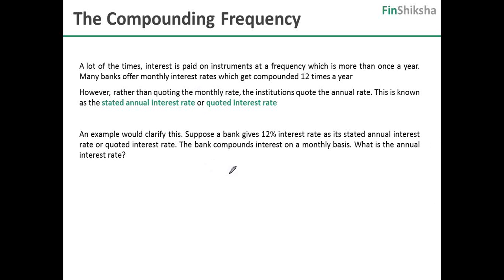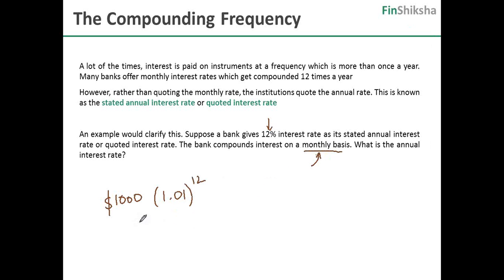So if a bank effectively quotes a 12% stated annual interest rate and is compounding it on a monthly basis, what ends up happening is if you invest $1,000 into the bank account, every month this will grow at 1% and you will effectively compound it 12 times during the year, if it is a monthly compounding process.